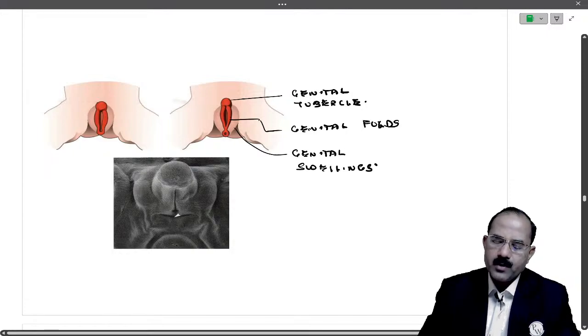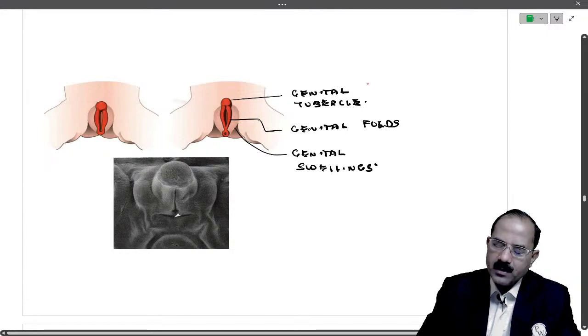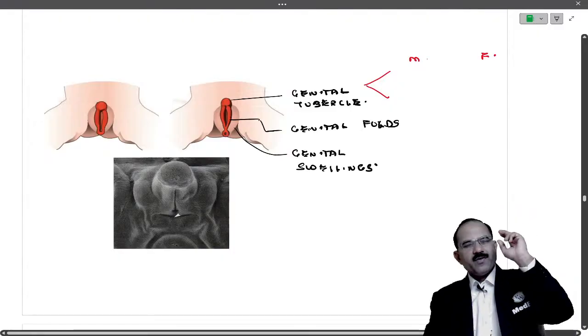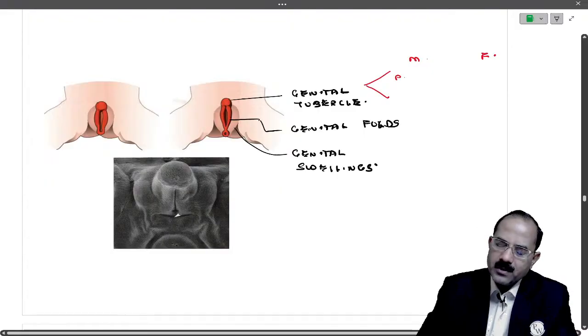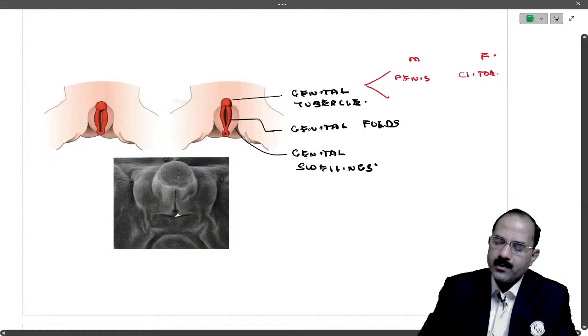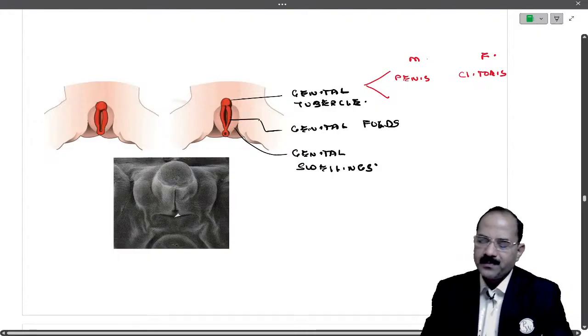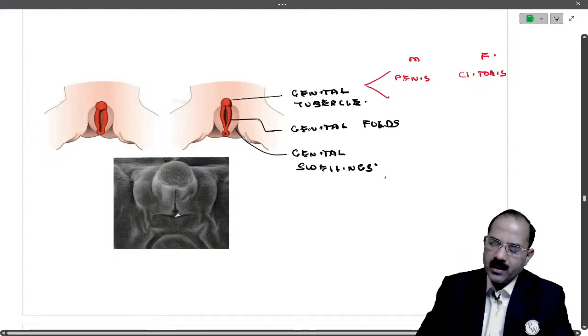Come on children, tell me. What do they form in males and females? This is another very important MCQ for you. So the genital tubercle in males forms what? Penis, and in females it forms the clitoris. Genital swellings in males form the scrotum.